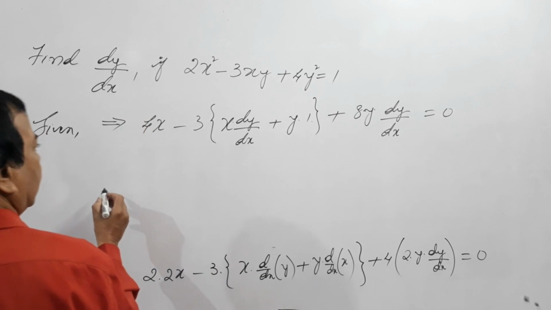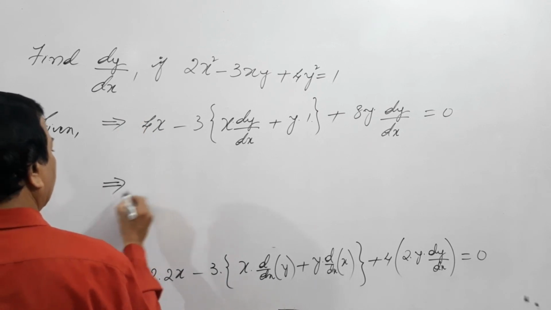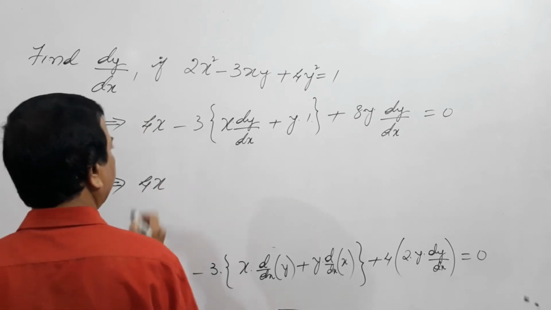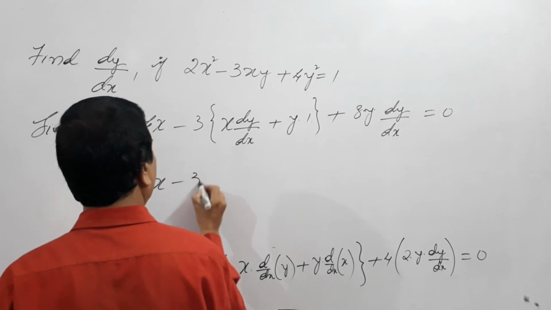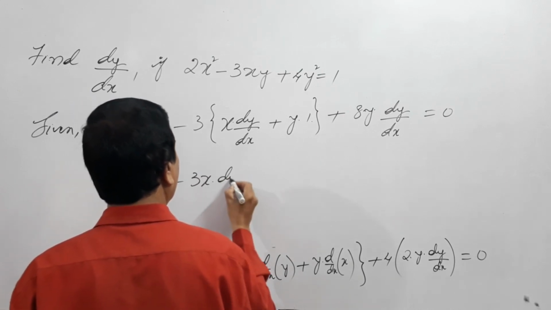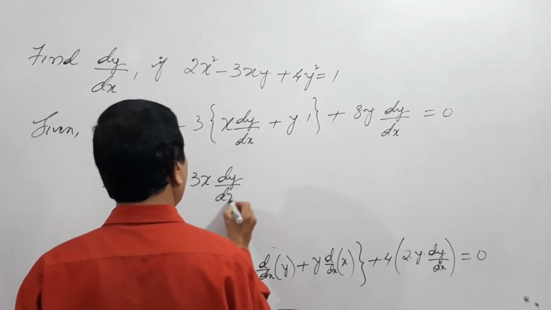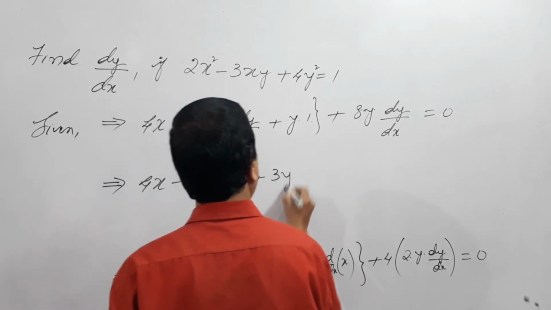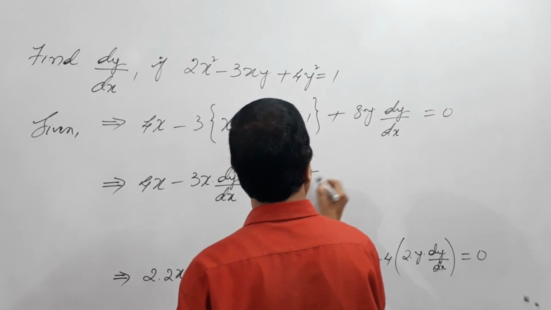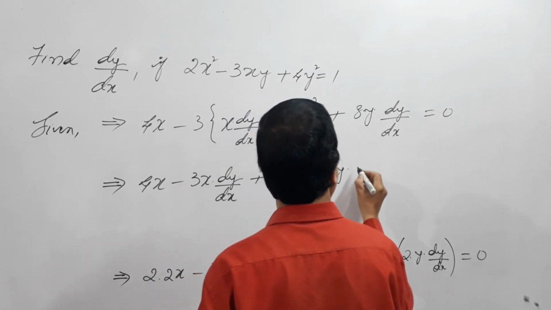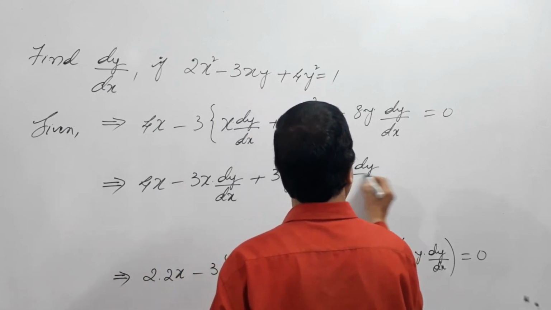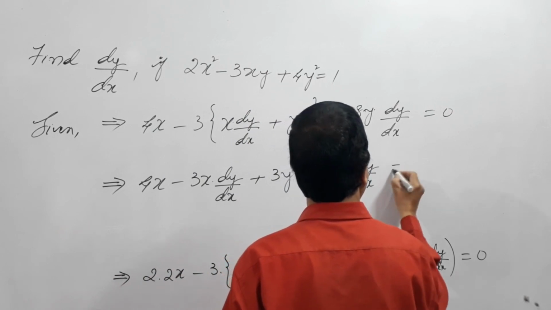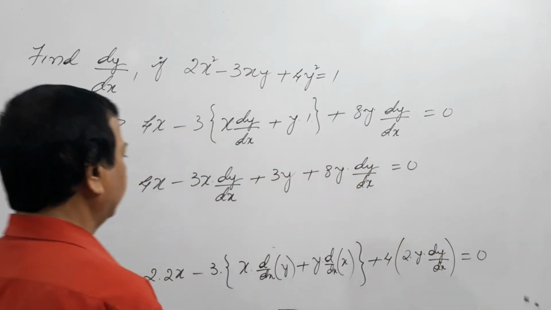So this is equals to what? 4x minus 3x dy by dx plus 3y plus 8y dy by dx equals to 0.